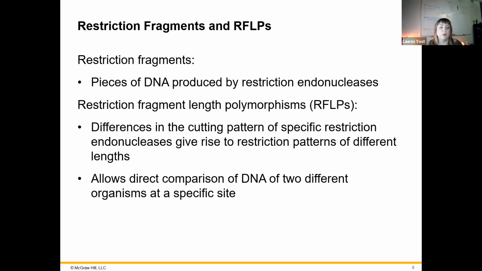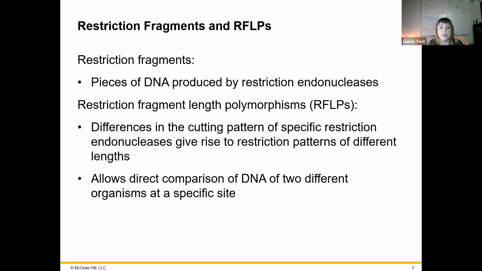So this is going to bring us to the concept of restriction fragments and restriction fragment length polymorphisms. Basically, you're cutting something with restriction endonucleases. If I cut all of my DNA with one endonuclease and you cut all of your DNA with the same endonuclease, we would have different patterns of what would come out a lot of the time, because our DNA is just a little bit different. We have differences in our genes and all of that.